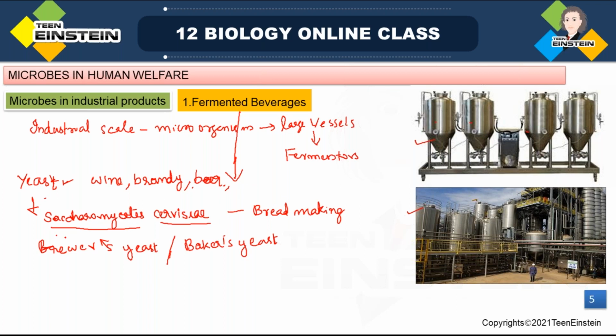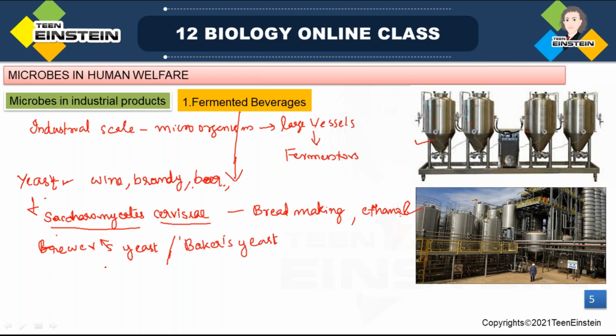Okay, this is used in the production of ethanol. So malted cereals or fruit juices, they are fermented with the help of this yeast, Saccharomyces cerevisiae.